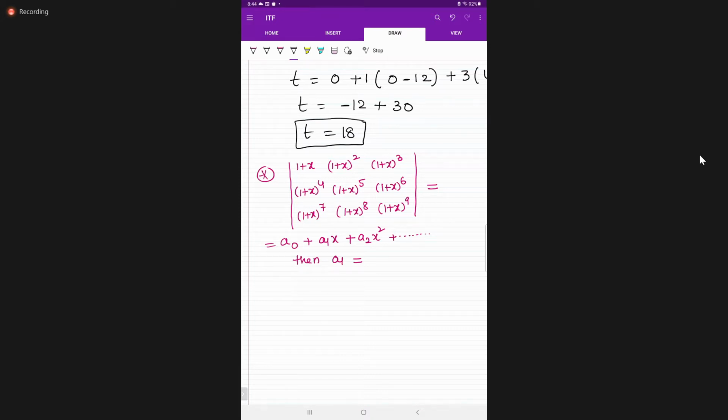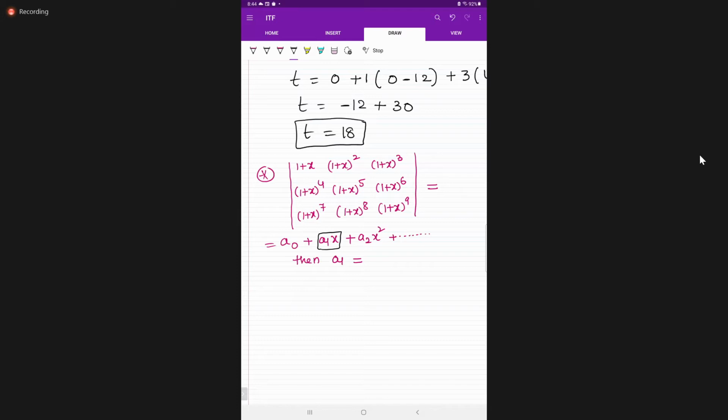Here, the coefficient of x is a1. If you take differentiation, a1x differentiates to a1, and then only you can get the constant value. Understood, students? a1x is there, and we want a1 only for that.